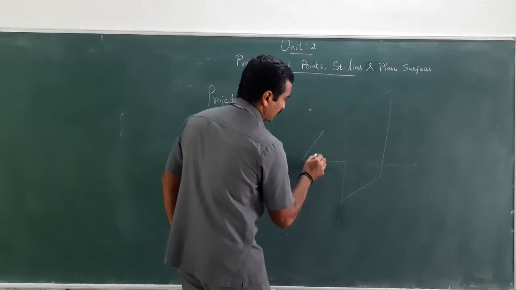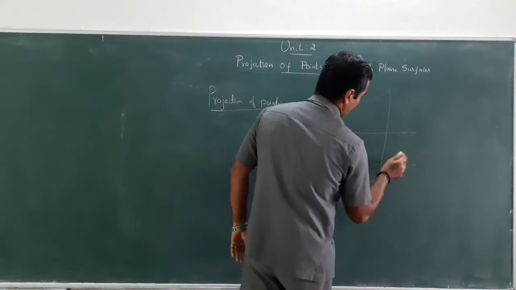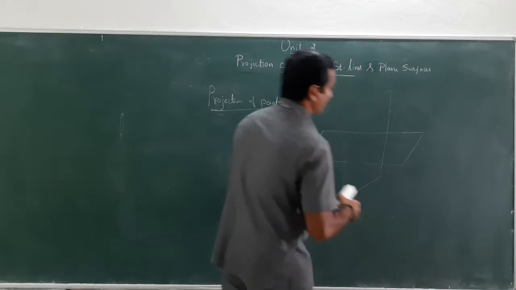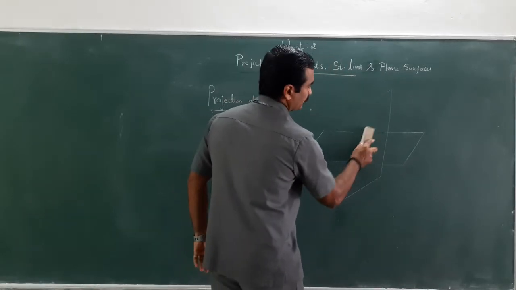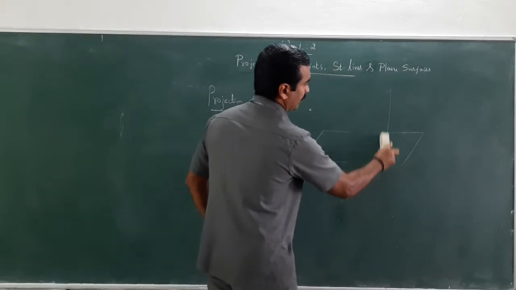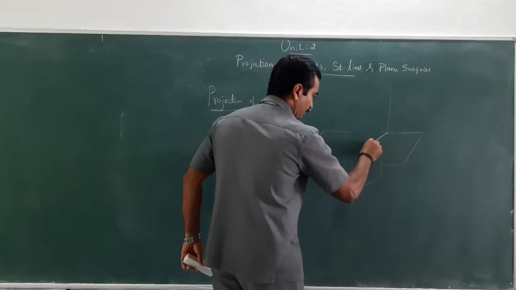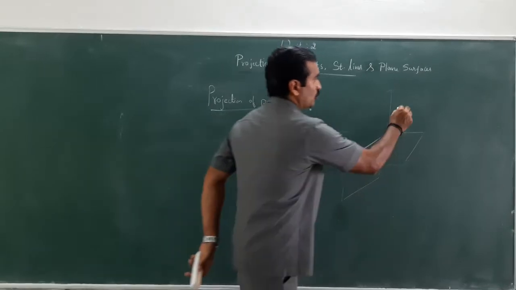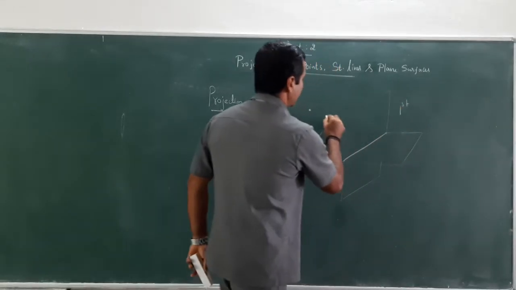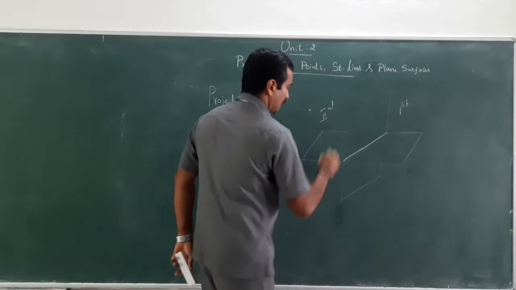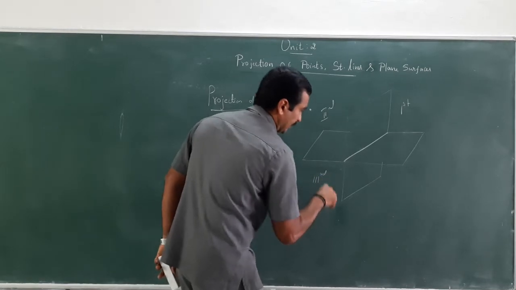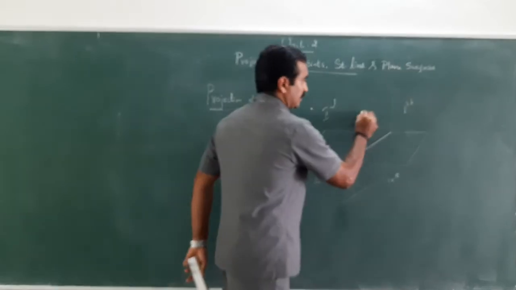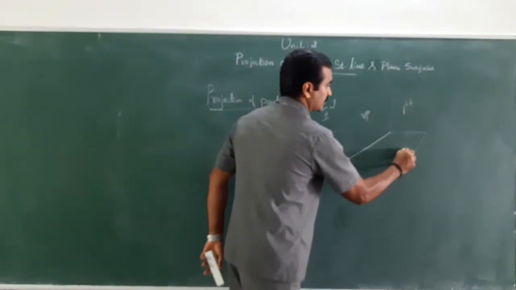I am just drawing all the 4 quadrants for you to understand it, but the object will be placed only in quadrant 1. This would be the first quadrant, this is the second quadrant, this is the third quadrant, and this is the fourth quadrant. This is VP and this is HP.